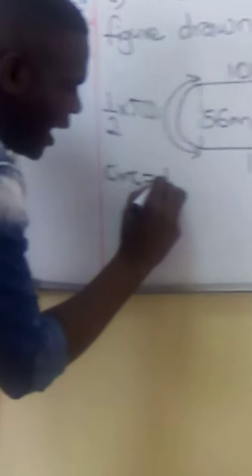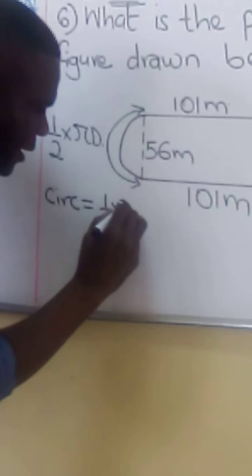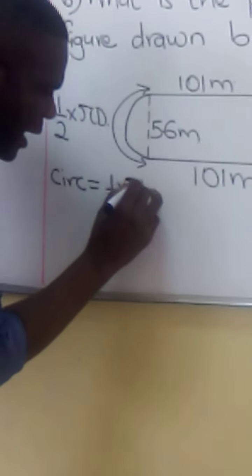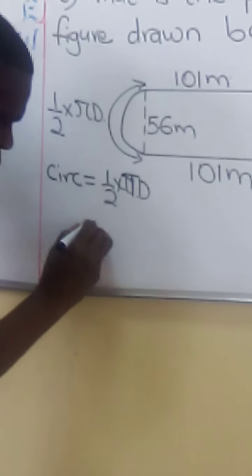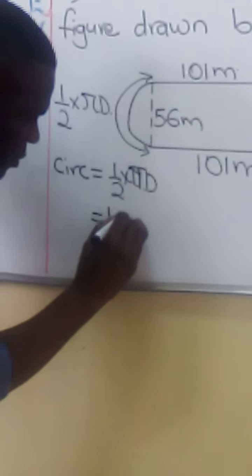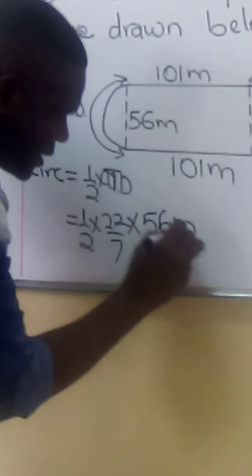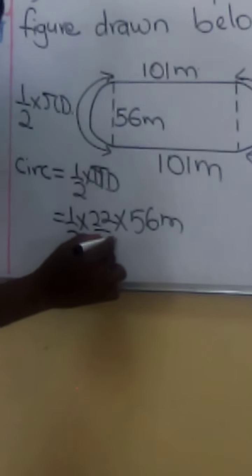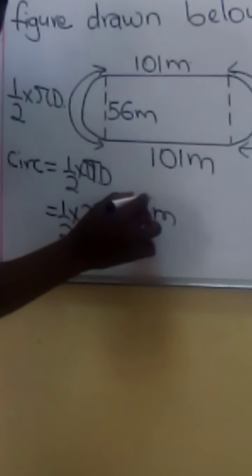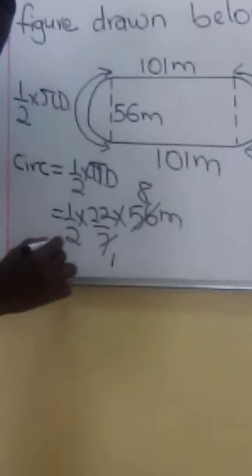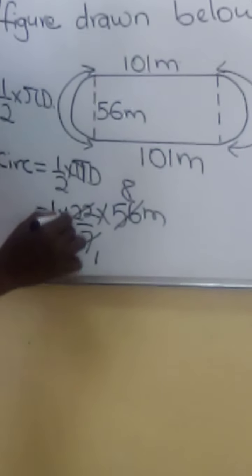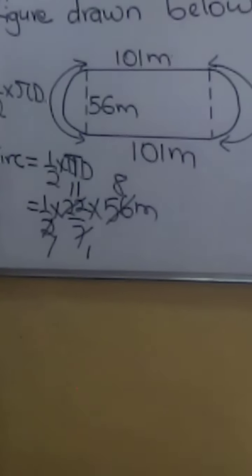So the circumference here would be half times pi d. So that would be a half times pi 22 over 7. Diameter is 56 meters. That one is the diameter of the semicircle. Then by 7, 1, by 7, 8, by 2, 1, and by 2, 11. Right?